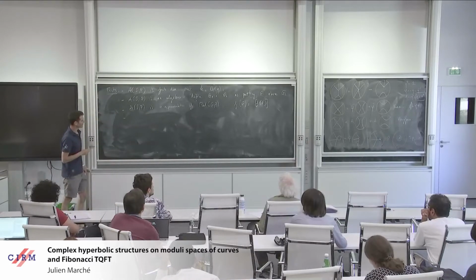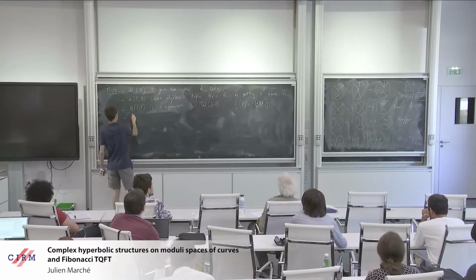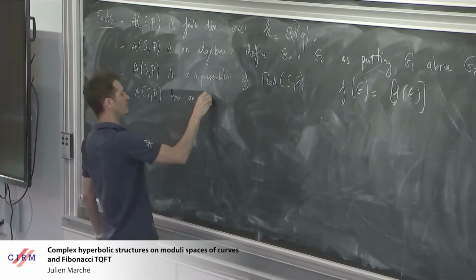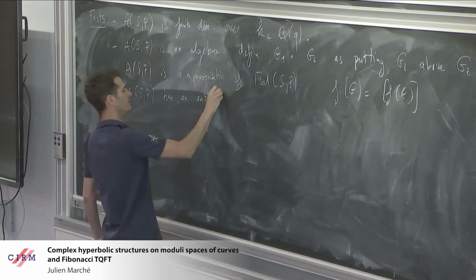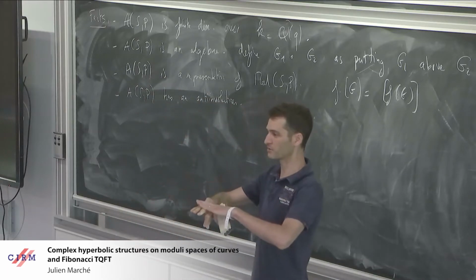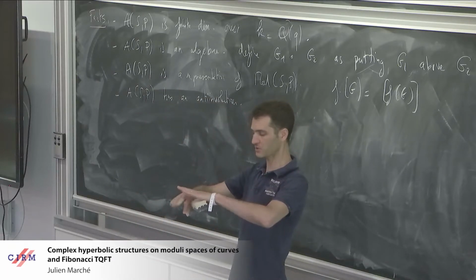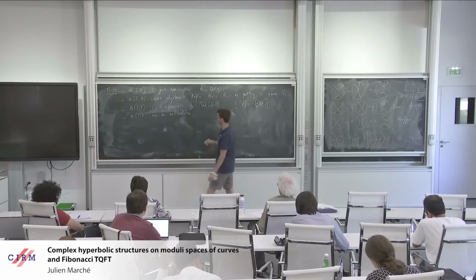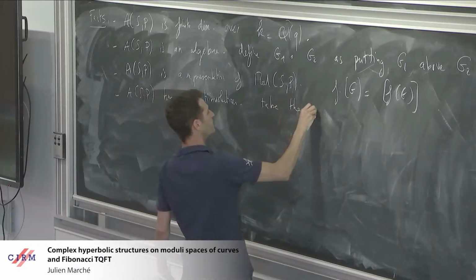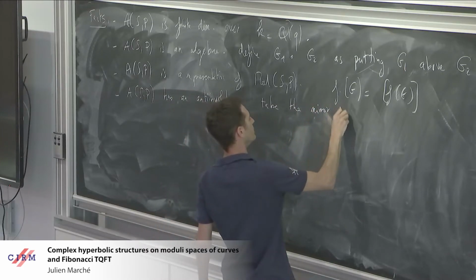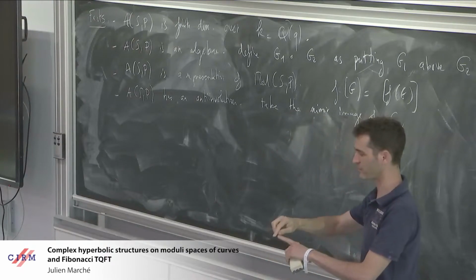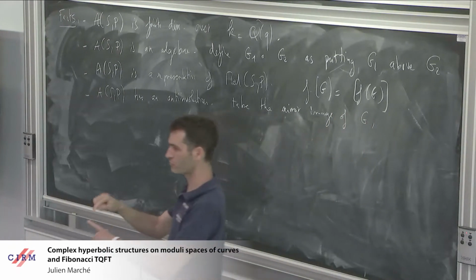Another fact which is interesting is that A of SP has an anti-involution, which is just given by mirror image. So if you have a picture, you just change all the crossings. So it takes the mirror image of G, and simultaneously, if you have some scalars, you have to replace q by q inverse.